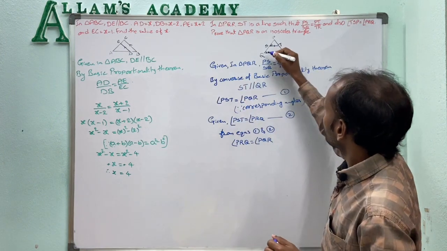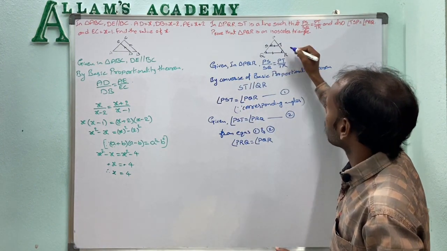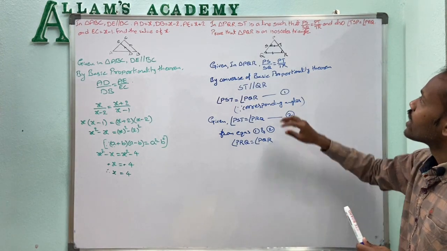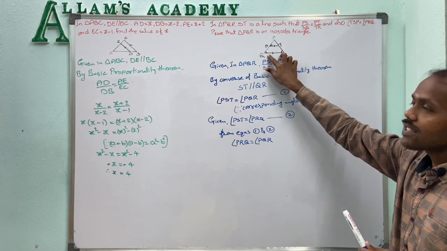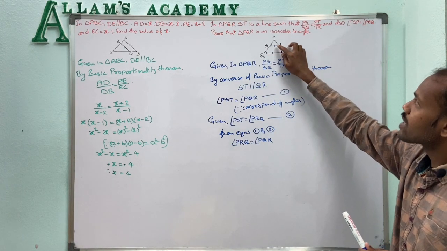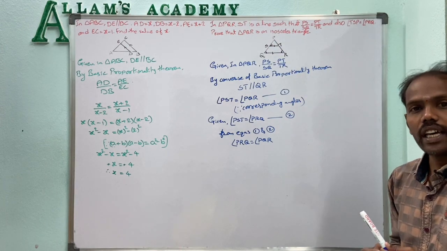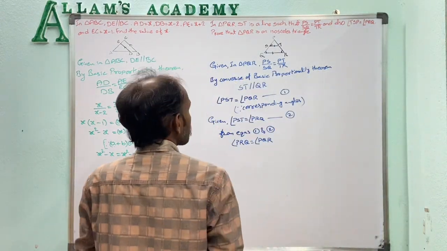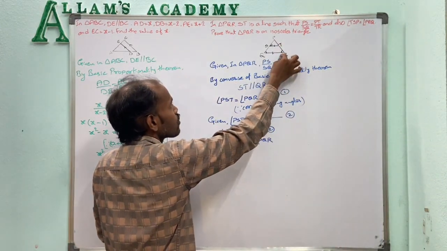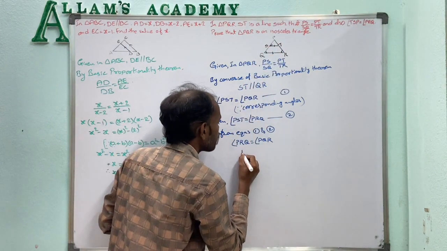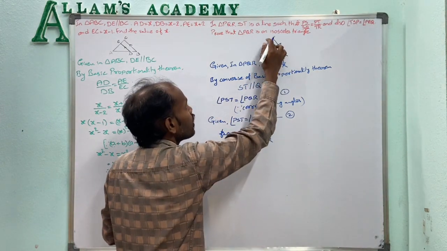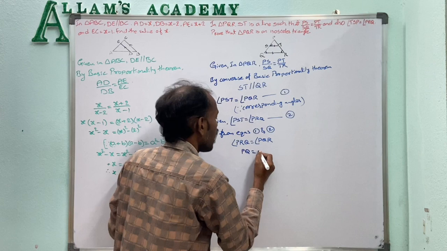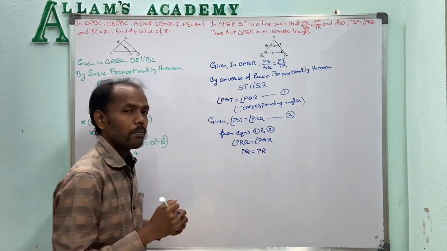So now angle Q is equal to angle R. So in a triangle, if any two angles are equal, their opposite sides are also equal. Angle PRQ, its opposite side is PQ, and angle PQR, its opposite side is PR. So PQ equal to PR.